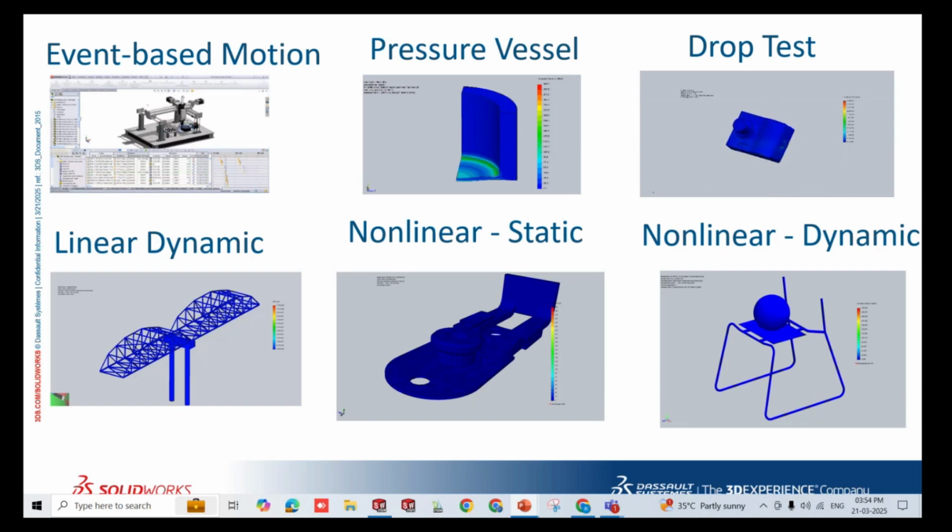Next step is linear dynamic analysis. Unlike static analysis, which assumes constant loads, linear dynamic analysis deals with loads that change over time. There are 4 types of linear dynamic analysis in SolidWorks: modal time history, harmonic analysis, random vibration, and response spectrum.